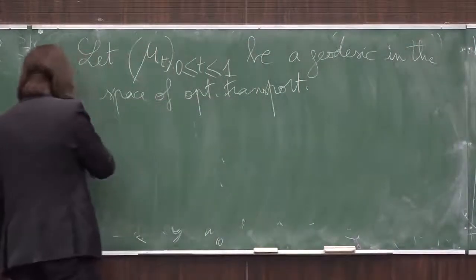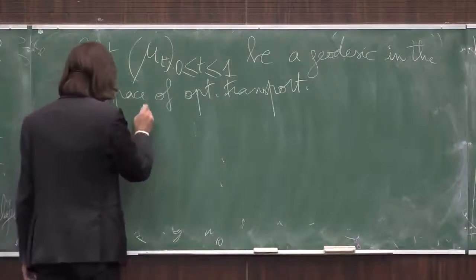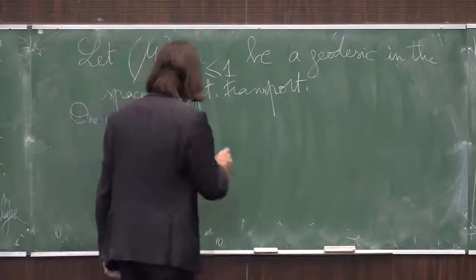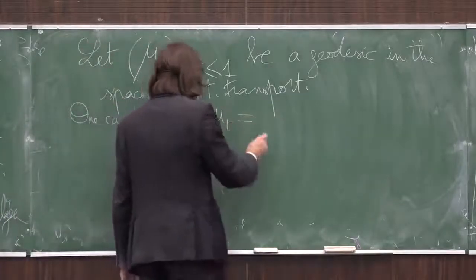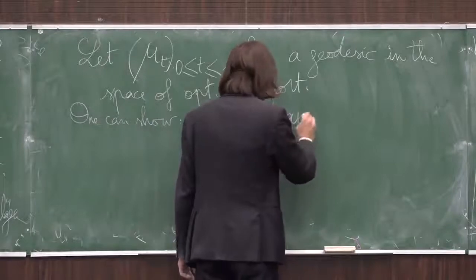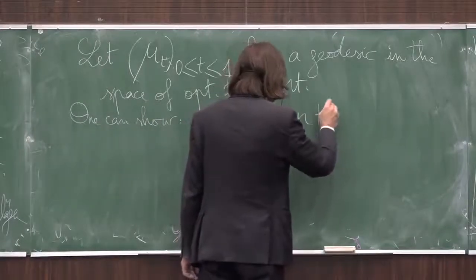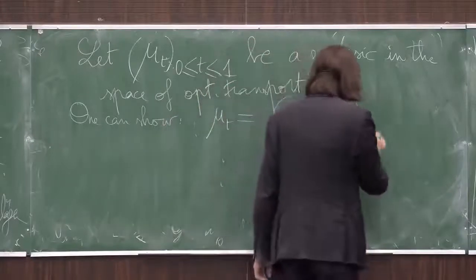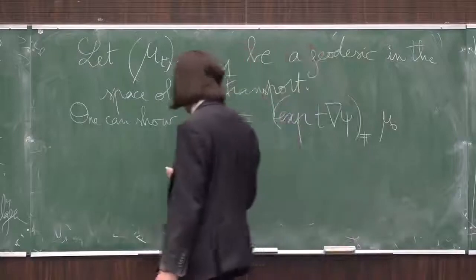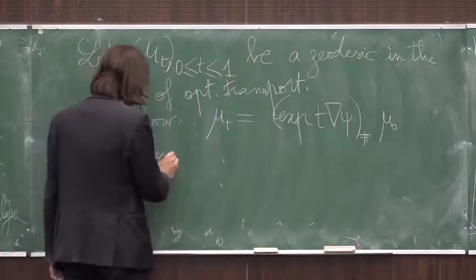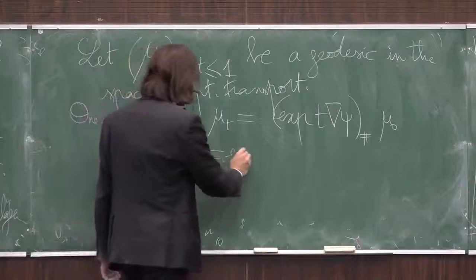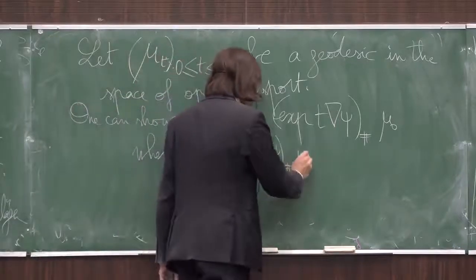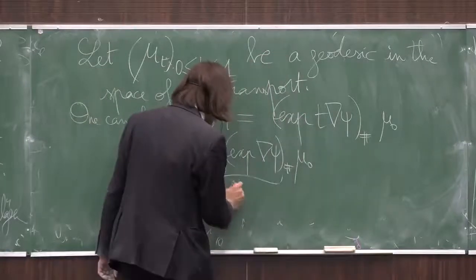From general principles, one can show, and it's true without curvature assumption, that mu t is obtained by looking at the intermediate map, exponential t grad psi, push forward mu 0, where mu 1 equals exponential grad psi, push forward mu 0, and this is optimal transport.